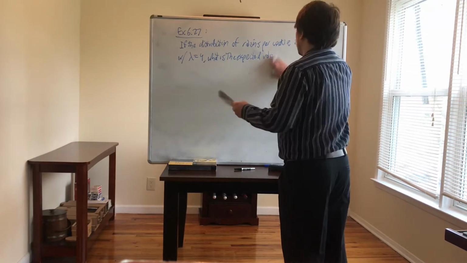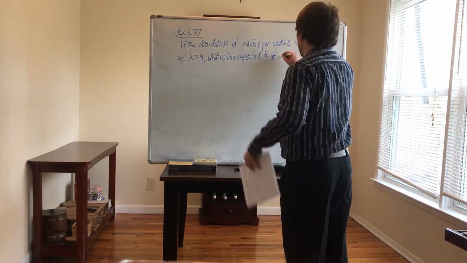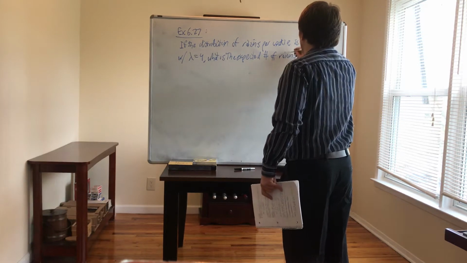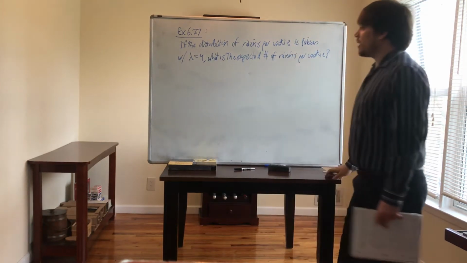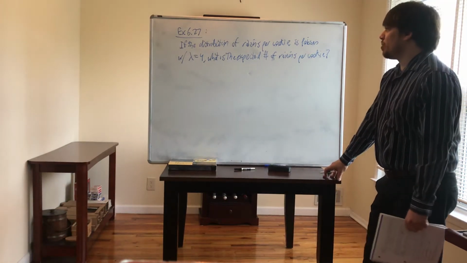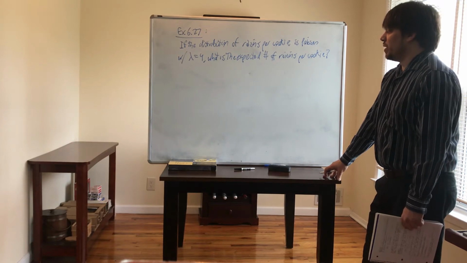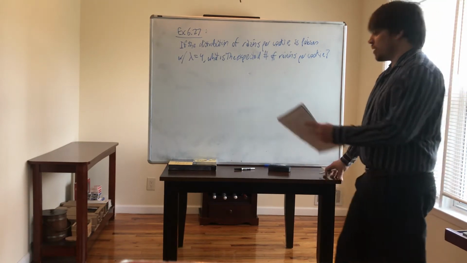What is the expected number of raisins per cookie? Okay, so if the distribution of raisins per cookie is a Poisson random variable with lambda equal to 4, what is the expected number of raisins per cookie?